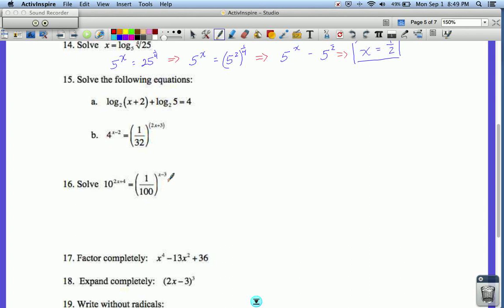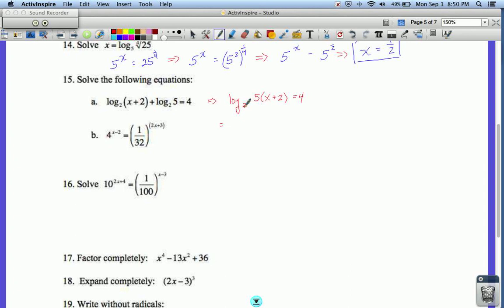15, solve the following. Well, we're going to use our properties of logs here. So when I'm adding between common logs, both with base 2, we can switch that into a multiplication problem. So I have log base 2 of 5 times x plus 2 equals 4.